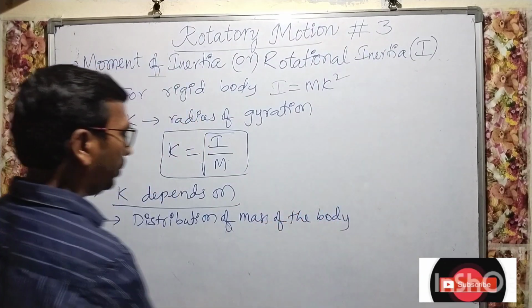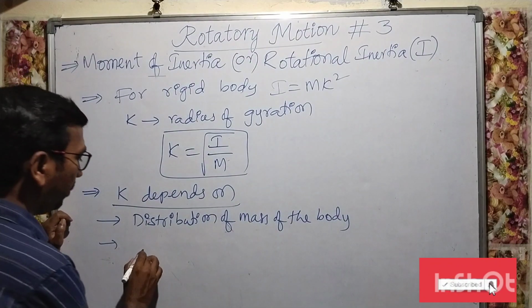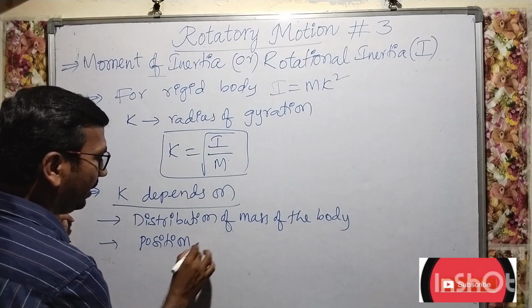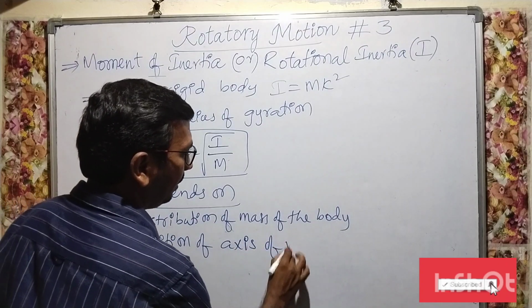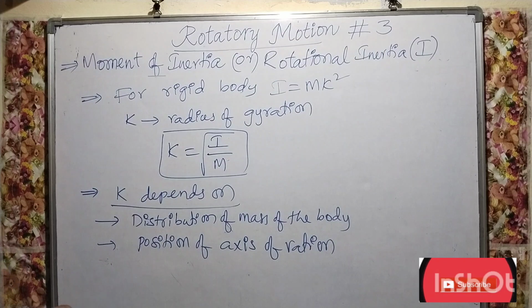K depends upon the distribution of mass of the body and the position of the axis of rotation.